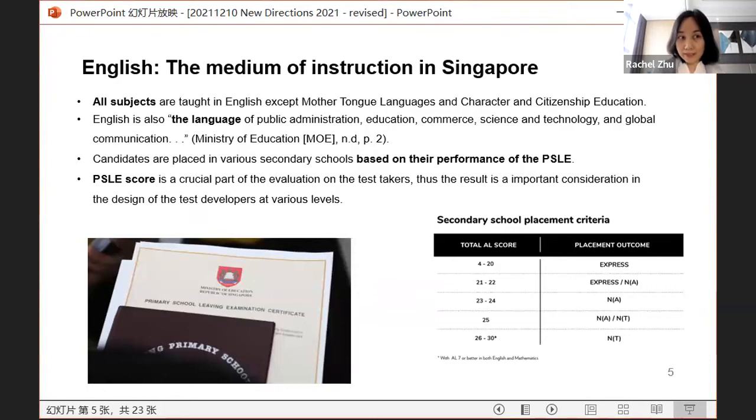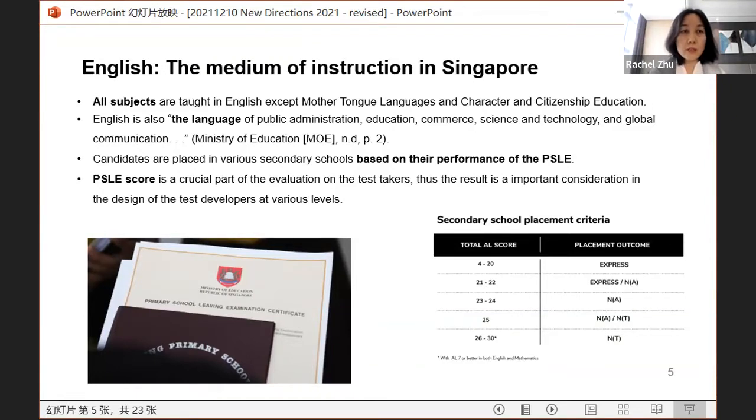Moving on to English. English is very, very important in Singapore. It is the medium of instruction in schools. That is to say, all subjects are taught in English, except, I think, mother tongue language and character and citizenship education. They are taught in the mother tongue, either Chinese, Malay, or Tamil in primary schools.